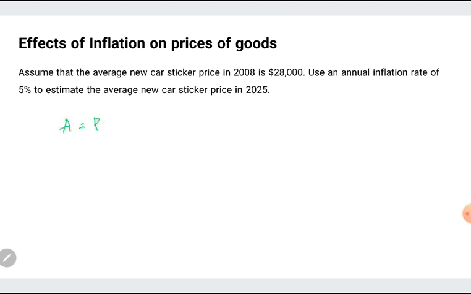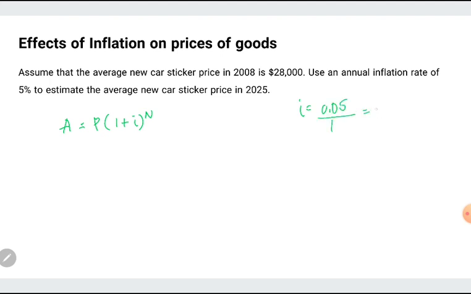So your formula would be A equals P times 1 plus I raised to the big N. So for the effect of inflation on prices of goods, you are asking for the future value. So again, I is, what's the annual inflation rate? So 5%, 0.05. My N is 1.